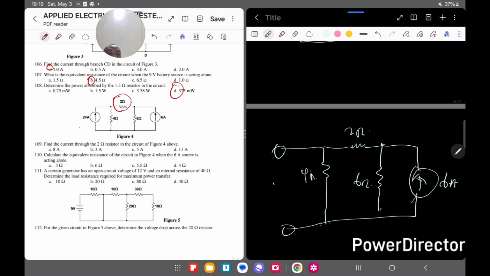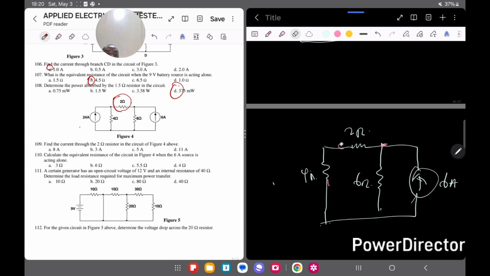When there's current here, this is the junction, and the total current here, 6 amps, is going to get divided. The current cannot pass here because it is open, so the current will just pass through the 4 ohms. As a result, we can erase this part.